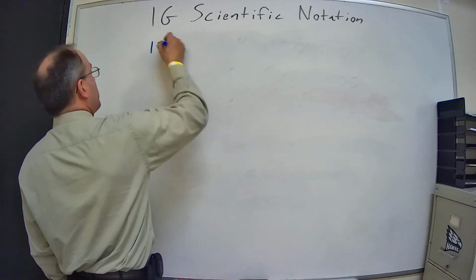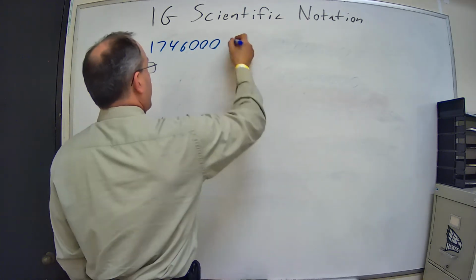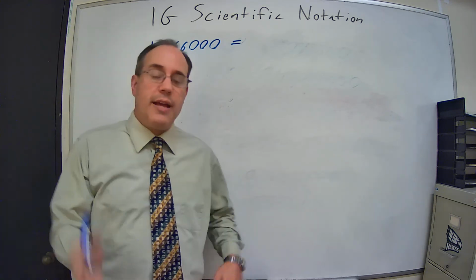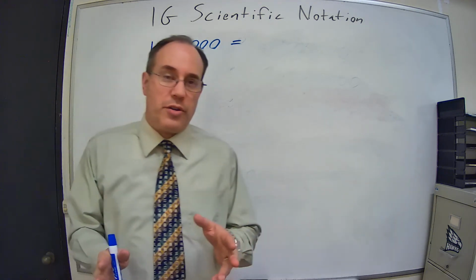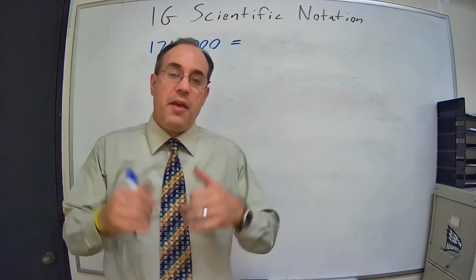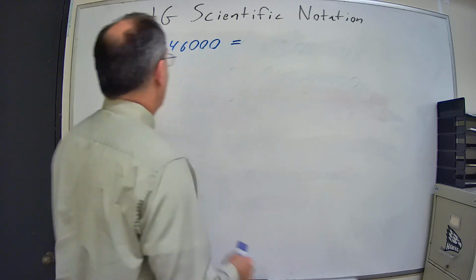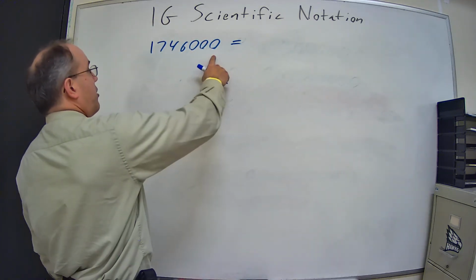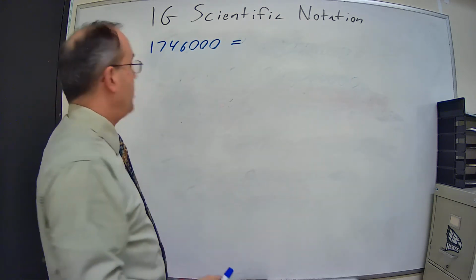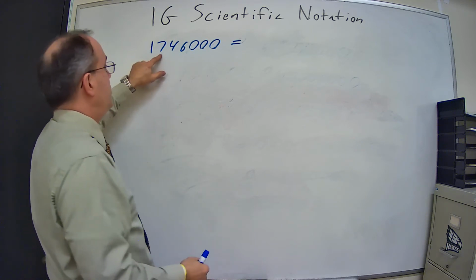So if I have 1,746,000, and I want to put that in scientific notation. Remember, scientific notation is created by two parts: a decimal number between 1 and 10, and that multiplier, 10 to the something. So we're dealing with a large number. I want to turn it into a decimal number between 1 and 10, which just means I'm going to put a decimal point in between the first two digits.